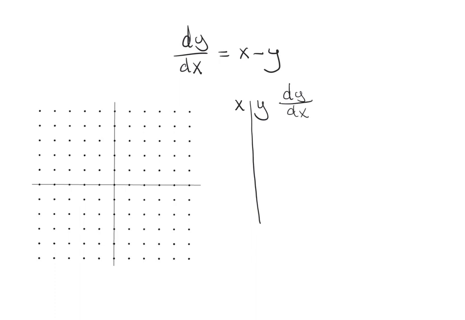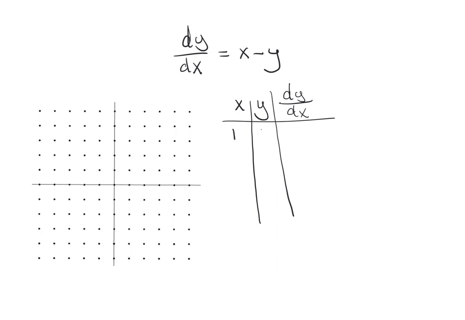Okay, let's do another one together. And then the last one I might have you try on your own. But we've got dy over dx equals x minus y. So let's make our chart x, y, and then dy dx, our slope. So let's pick a point.